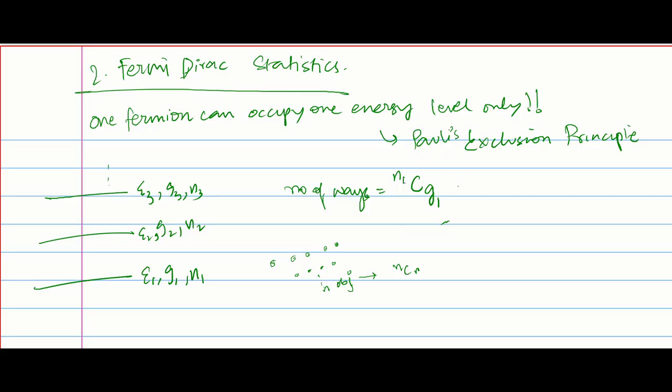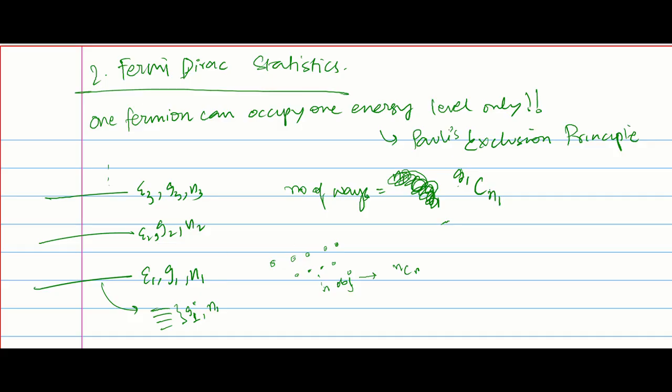Sorry, this should be G1 C N1, because there are G1 levels here and there are N1 particles to be distributed.